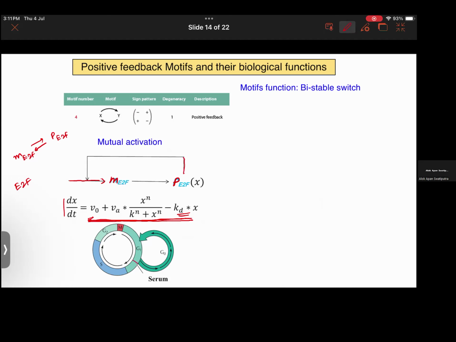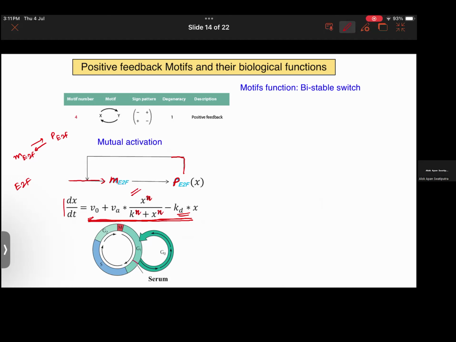And this is the positive feedback term. Now, why is there x to the power n? We could have just written something like a constant times the protein concentration. Why x to the power n?